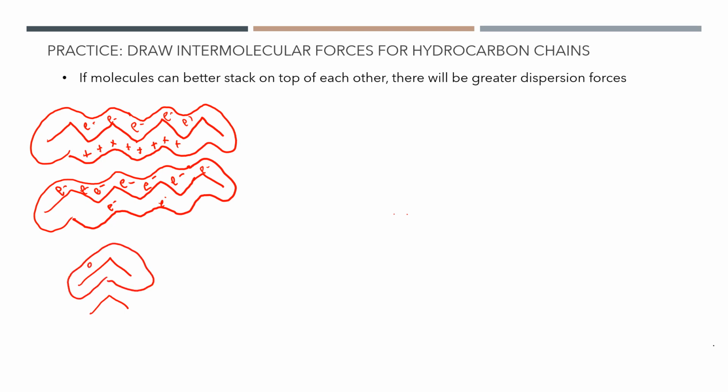Take propane here, electrons come up there, partial positive, then right there, electrons. Those are going to be attracted, but this one would be much stronger.